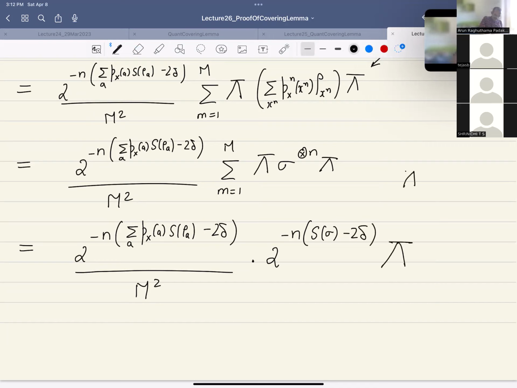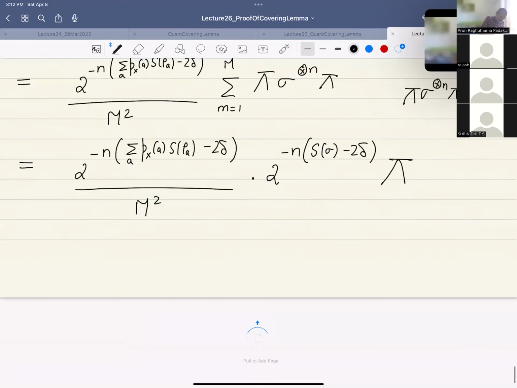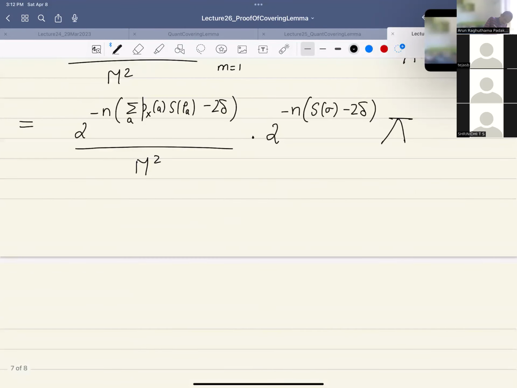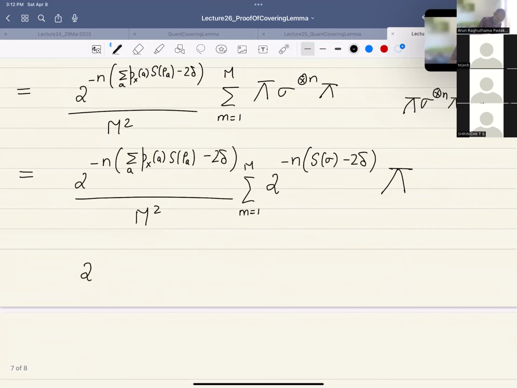Okay, pi sigma tensor n pi is at most 2 power minus n s of sigma pi. Okay, this is again unconditional typicality. Great. So what have we ended up with? So we have ended up with 2 power summation over n, right? Yeah, there is a summation. Thank you. Awesome. You're awake. I thought I was the only one doing this.